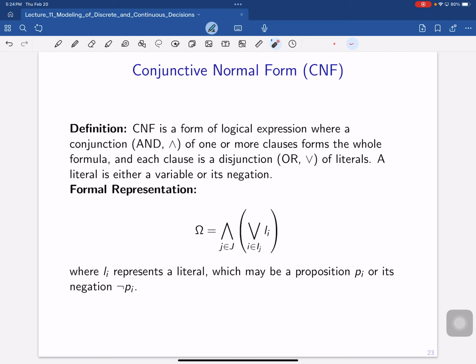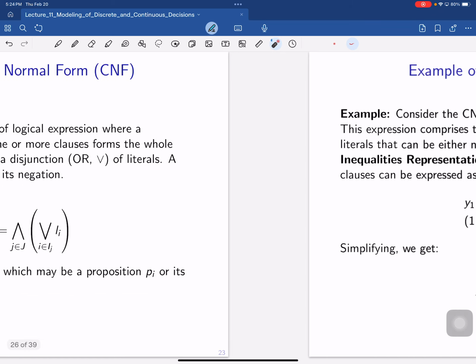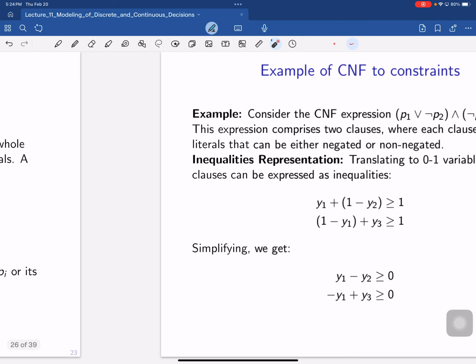You have in total J conjunctions, where J can be any arbitrary number. And each of these conjunctions is a disjunction over some literals. Okay. So let me give you an example, then it will be much easier to understand.